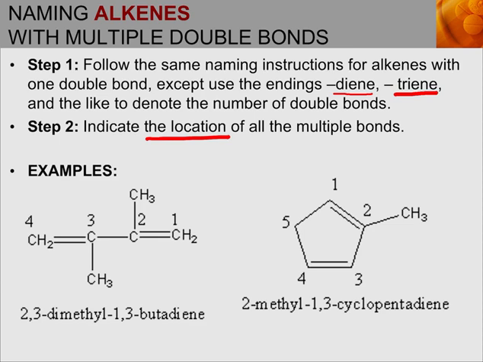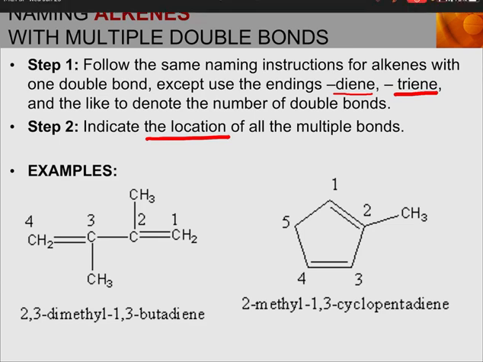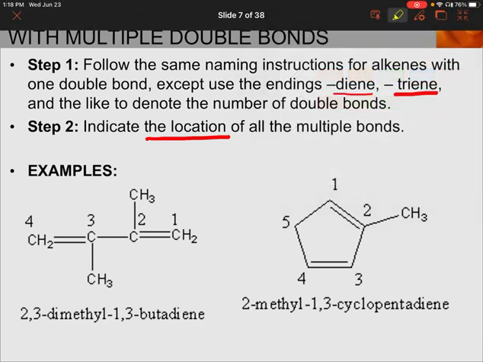So down below, let's look at the first example on the left. And we're already shown that the main chain contains 4 carbons. So normally we would call that butane, right? But notice that we have 2 double bonds in the chain.